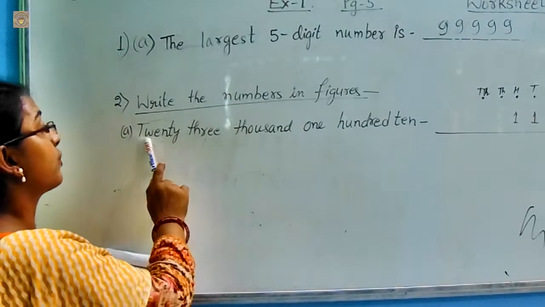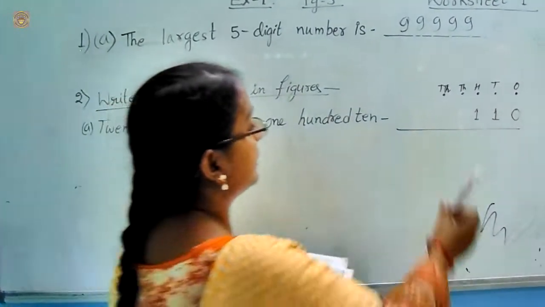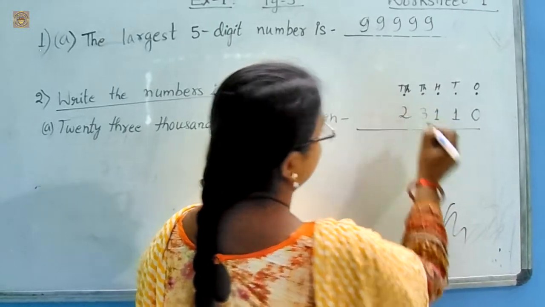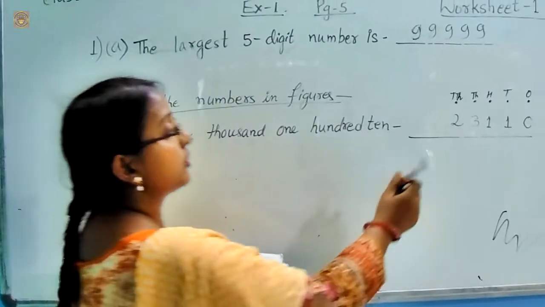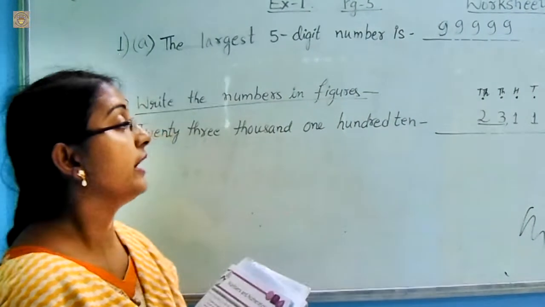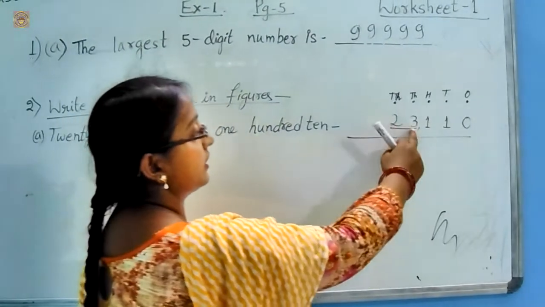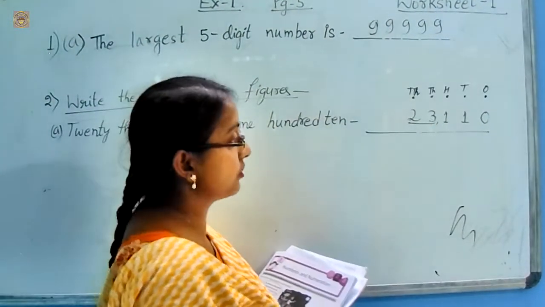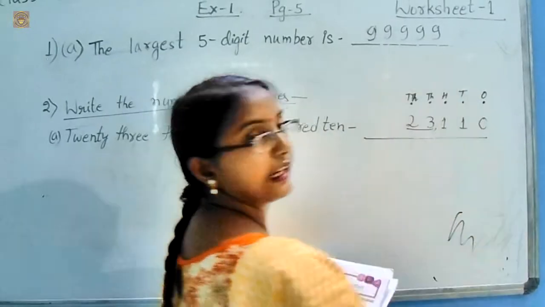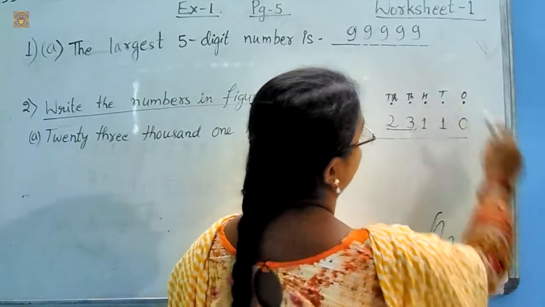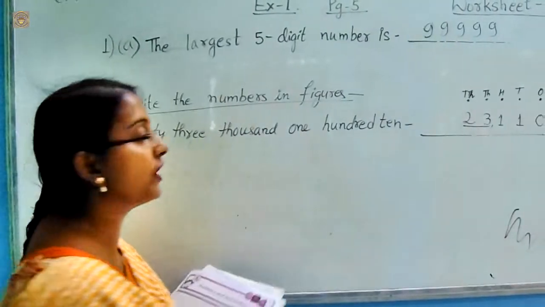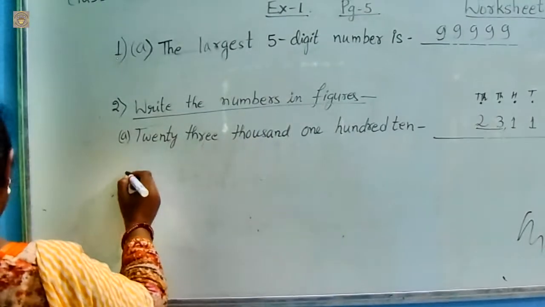Next, 23,000: at the 1000 place is 3, and since it is 2 digits, the 2-digit 23 becomes the 1000 places. So 23 we will write at the 1000 place, 1 at the 100th place, 1 for the 10th place, and 0 at the 1st place. So we can write the numbers in figures that are given in words and so on.